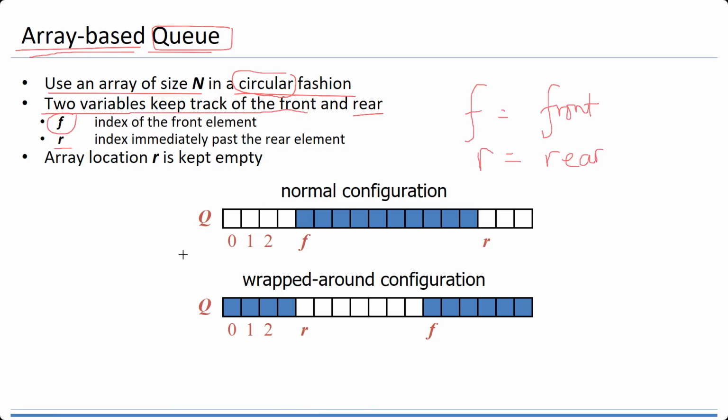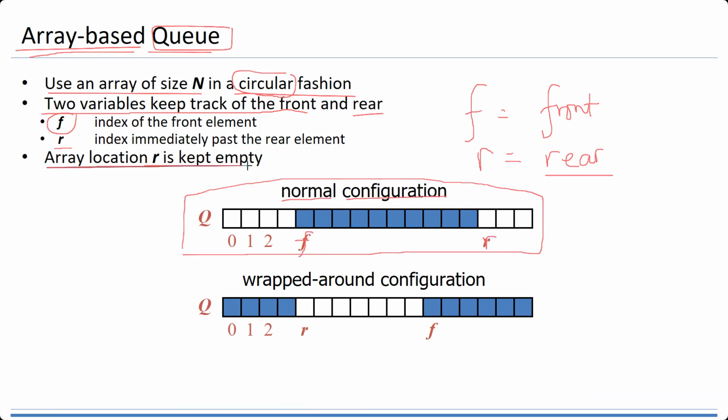If you do this with the array, we have this configuration. We call this the normal configuration. F indicates the index where the front is, and R indicates the rear. Array location R is kept empty, so it means I have no items in R. So this is the front, this is the rear.